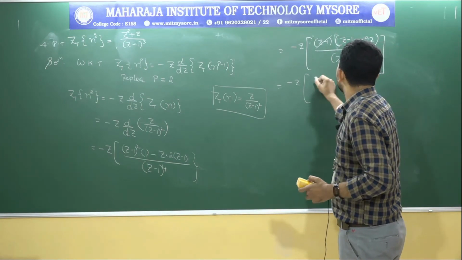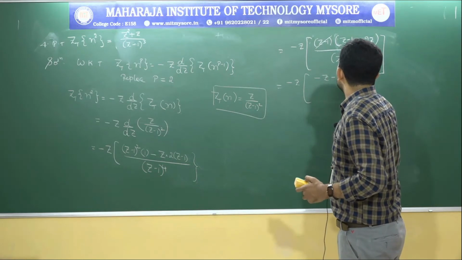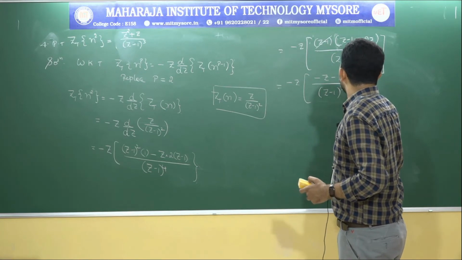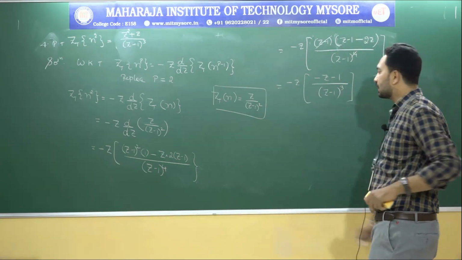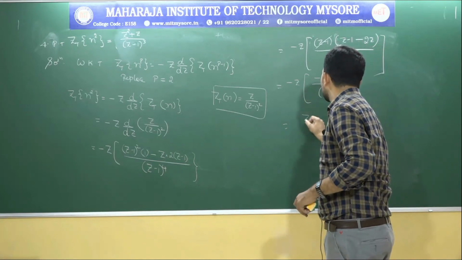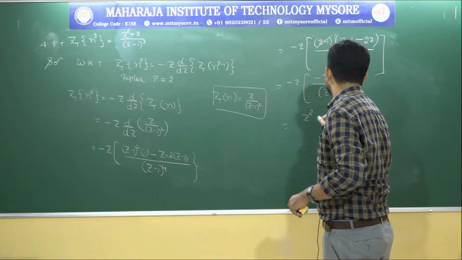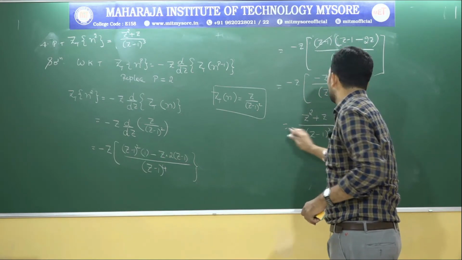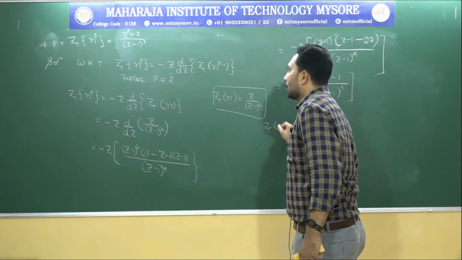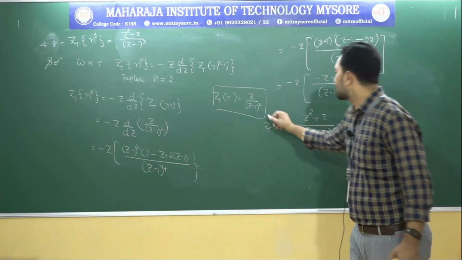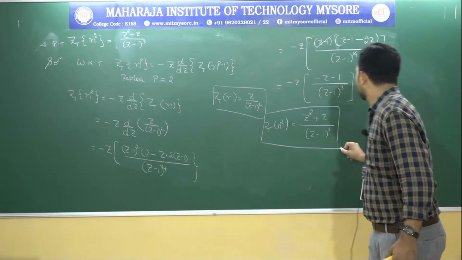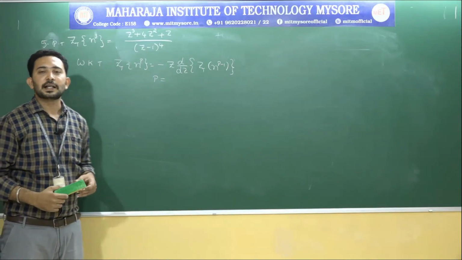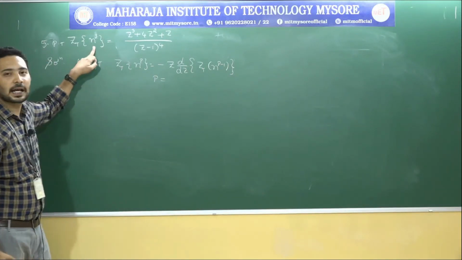So z minus 2z is minus z minus 1, divided by z minus 1 whole cube. So multiply this minus z inside, we'll get minus z into minus z, that is z square, minus z into minus 1, that is plus z, divided by z minus 1 whole cube. So this is the required result, that is the z transformation of n square.